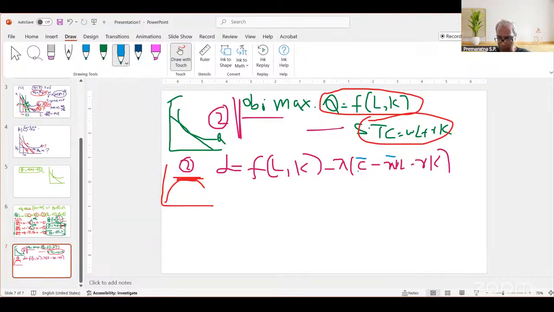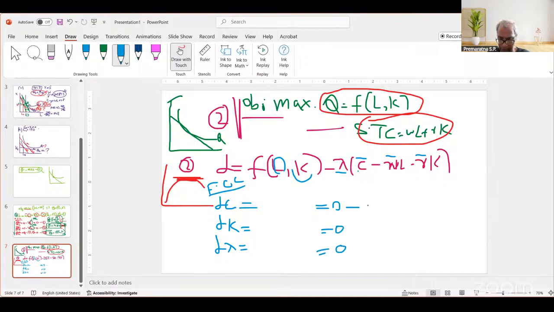The unknowns are labor, capital, and lambda. Like the previous case, for the first order condition you have to differentiate with respect to labor, capital, and lambda. The first derivative is the slope at the optimal point, so set each equal to 0. We get the equations.